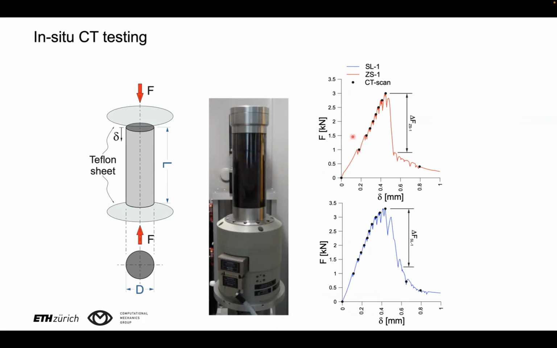But here you see an example. You see a test that has been performed inside the CT in displacement control. You may notice that at each point that you see highlighted, there are small load drops, because as we are performing a scan, some time is elapsing, and so there is a little drop in load associated to the time of a scan.